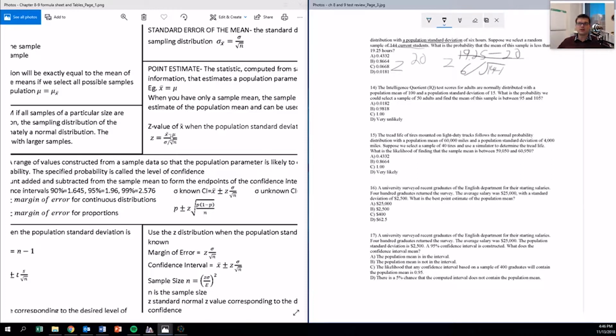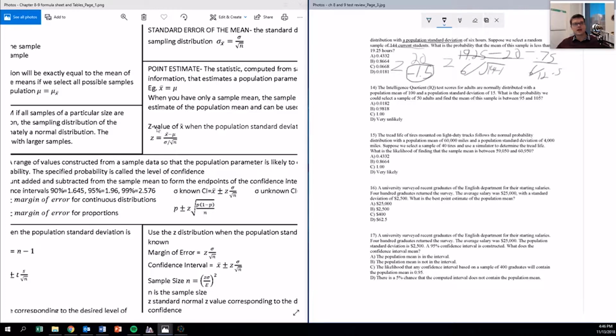19.25 minus 20, so you've got negative 0.75, and then 6 divided by 12, or 0.5. So negative 0.75 divided by 0.5 gives us a z-value of negative 1.5. That's the z-value.